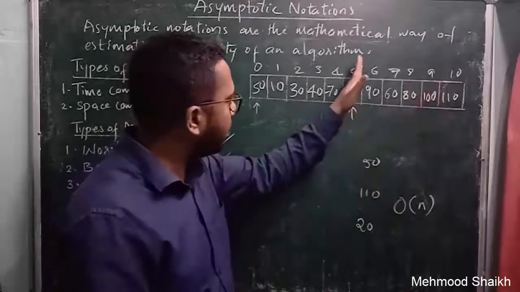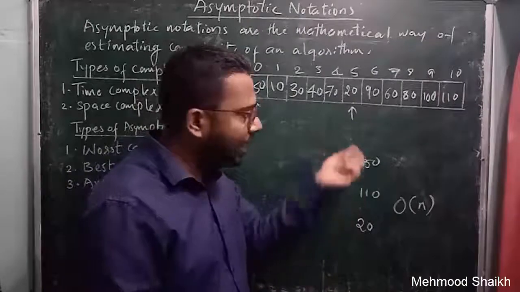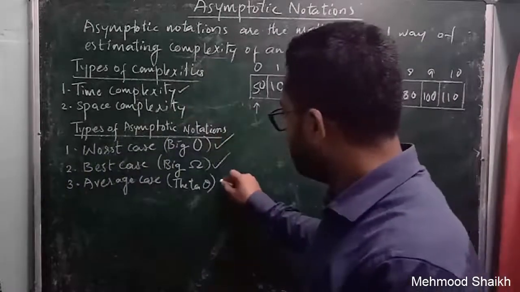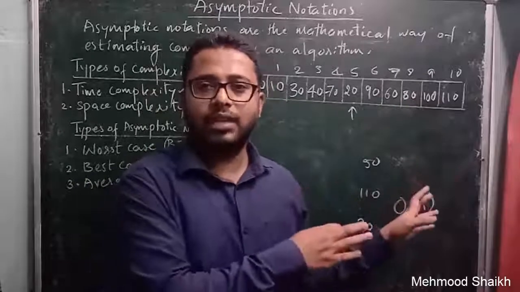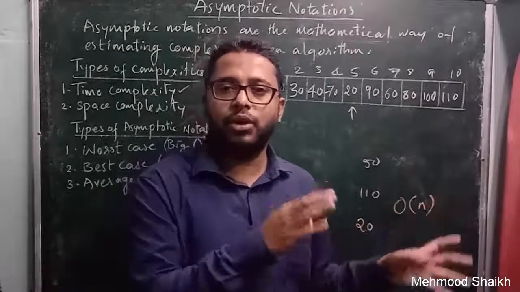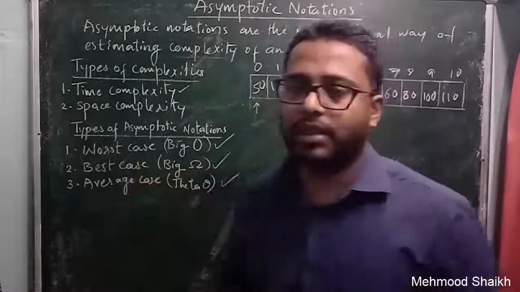Once it reaches the middle of the array, it will find that element. Okay, and that scenario will be represented with the average case scenario. Okay, so I think this would be the best example for you to understand the concept of worst case, best case, and average case scenarios.